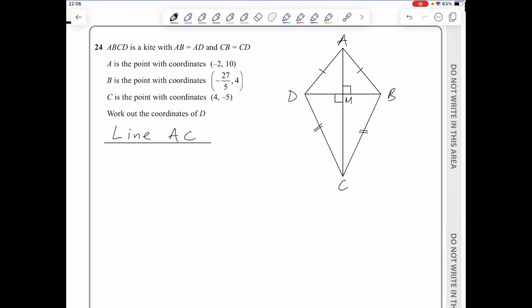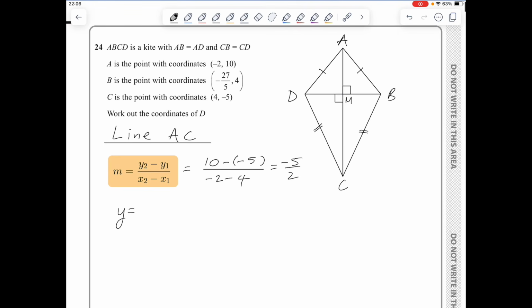To find the equation of this line, I'll first need to find the gradient, and I'll use the following formula. Plugging in the values gives me 10 minus 5 over minus 2 minus 4, which comes out to be minus 5 over 2.